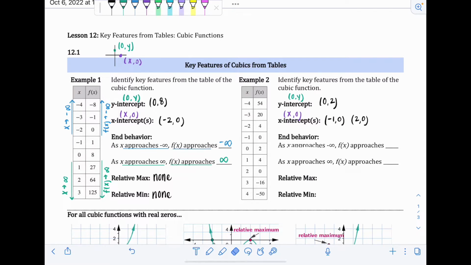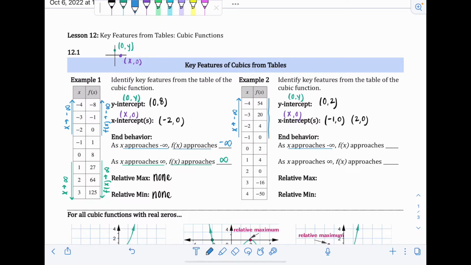So as x approaches negative infinity, that's where the x value is getting smaller, so that happens on the left column going upward. That's when the x values are getting smaller. And then we just have to look at what f of x is doing on that same part of the table.